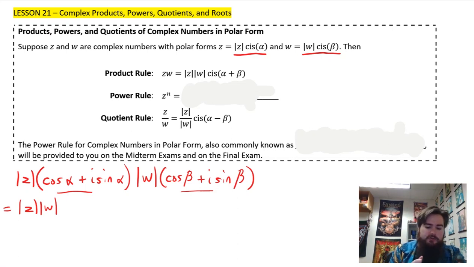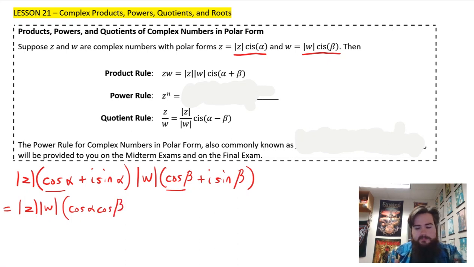And then if I distribute this using the FOIL method, I first will have cosine times cosine. So cosine alpha, cosine of beta. I will then also take cosine of alpha multiplied by i sine of beta. So plus i times cosine alpha sine of beta.